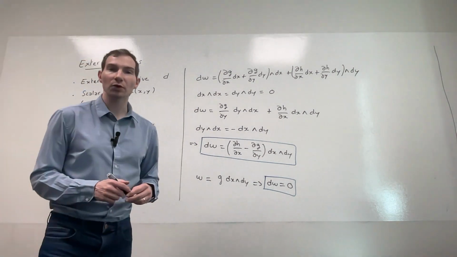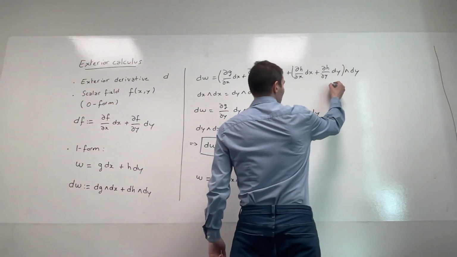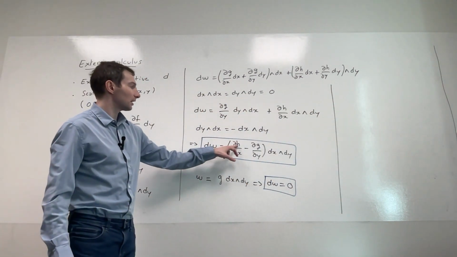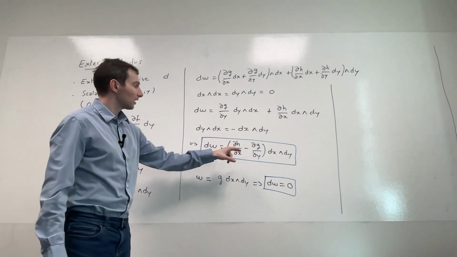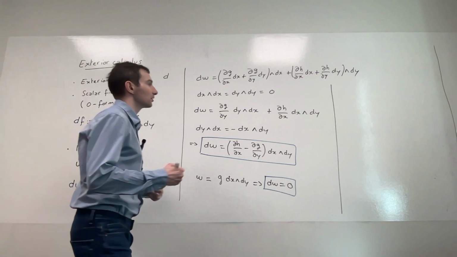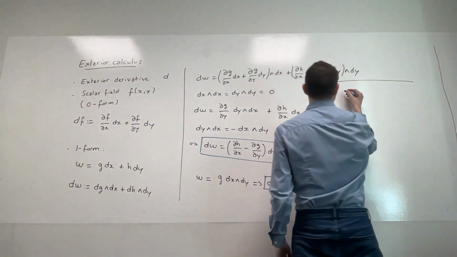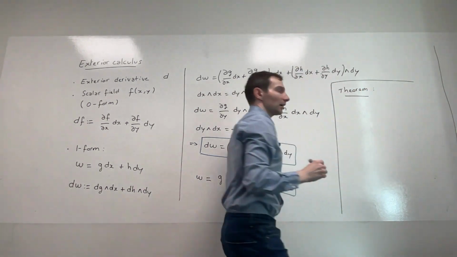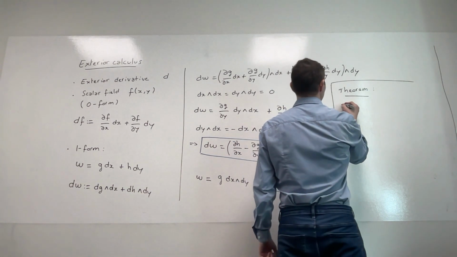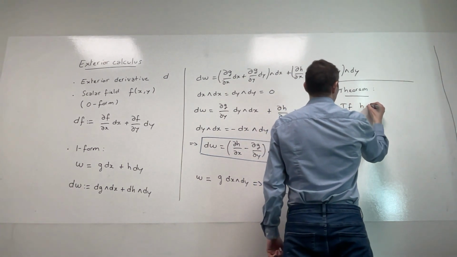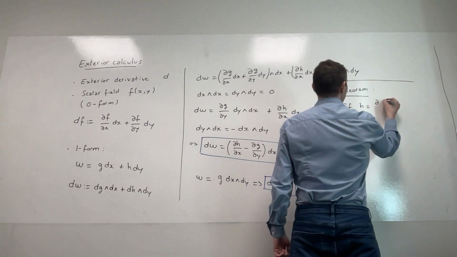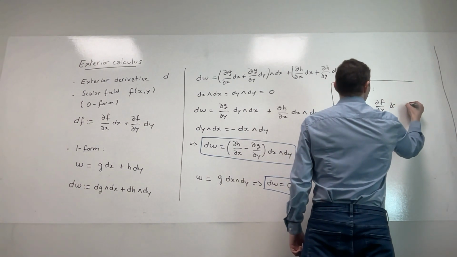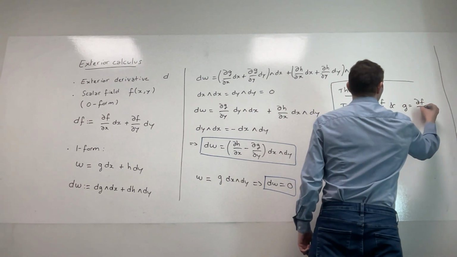But there is a more important theorem that comes about, and the theorem is the following: if h is equal to df over dy, and g is equal to df over dx.